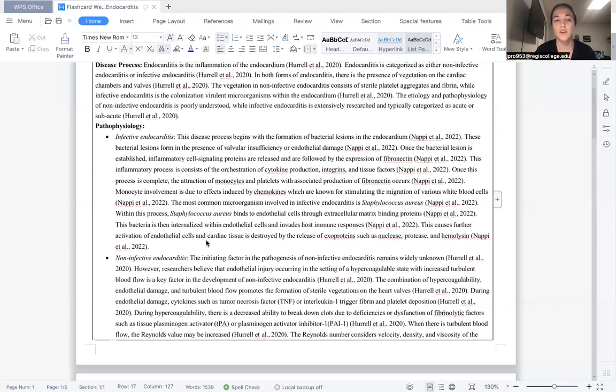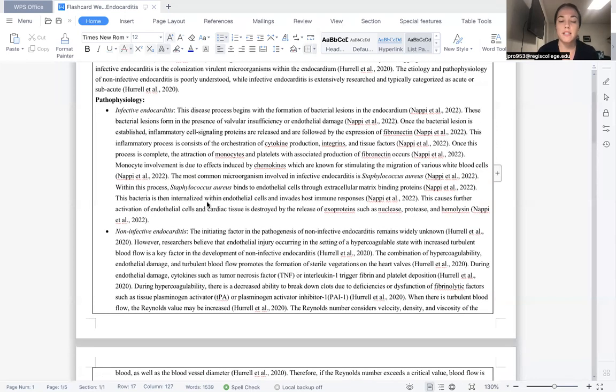That causes a further activation of an endothelial cell response, and cardiac tissues are then destroyed through the release of exoproteins, which include nuclease, protease, and hemolysin. It's important to understand that exoproteins facilitate host cell lysis.